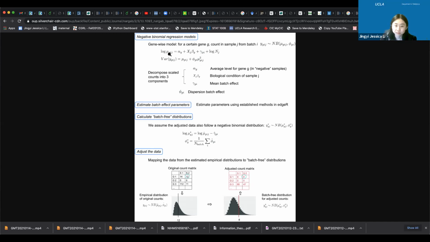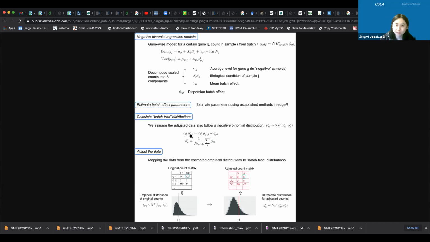And for the mean, sample J, right, so for the mean, we will have its estimate mu hat GIJ. And then we know this gamma GI should go away. What we did is to subtract this estimate from the estimated log mu. And we call this our new log mu GJ star.